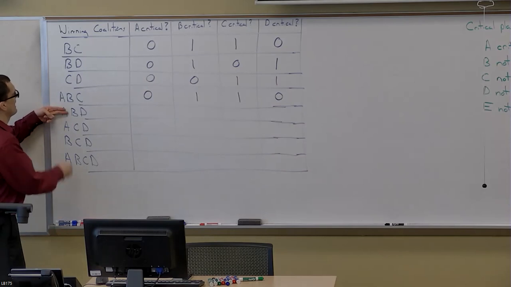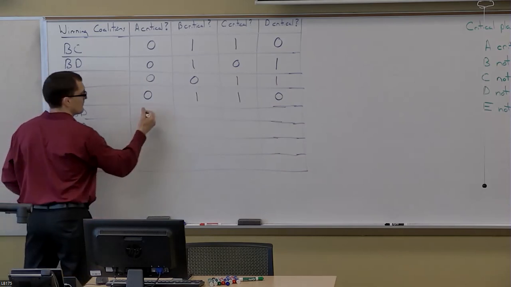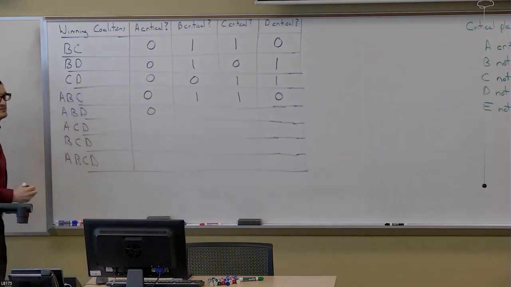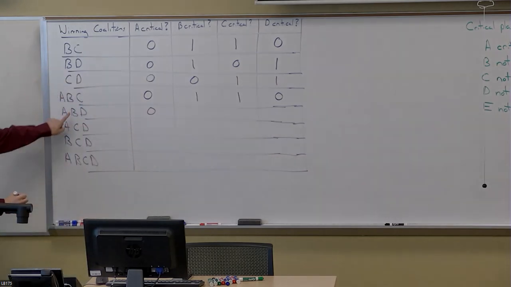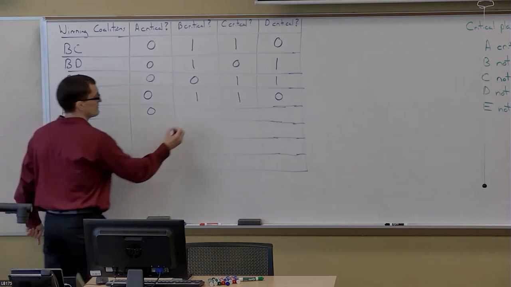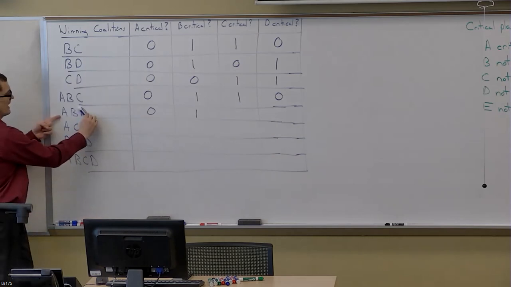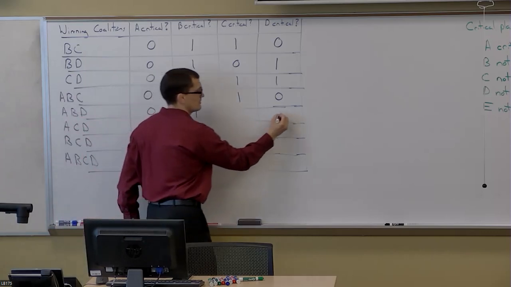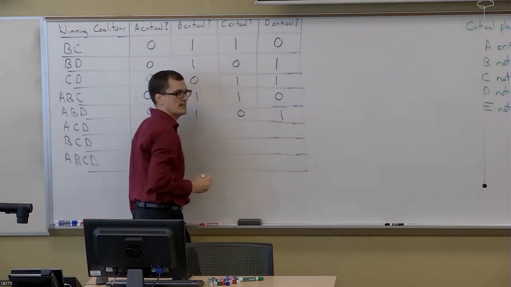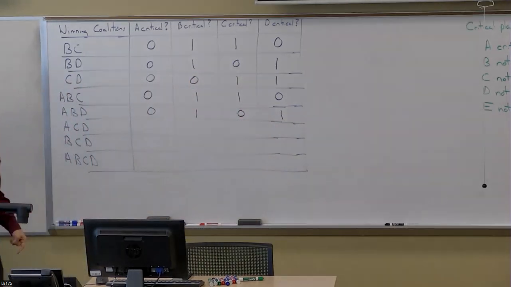If I drop A, B, D still wins, so A is not important to that coalition. If I drop B, A, D does not win, so B was important. If I drop D, A, B does not win, therefore D was important. And C is not in there, so it's obviously not a critical player.